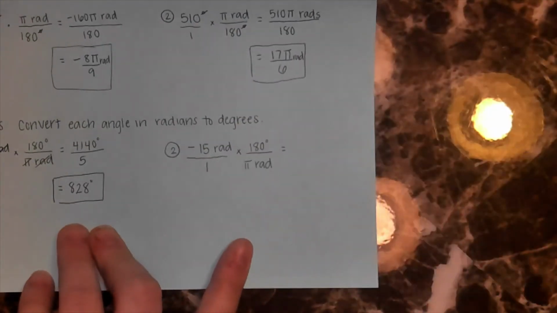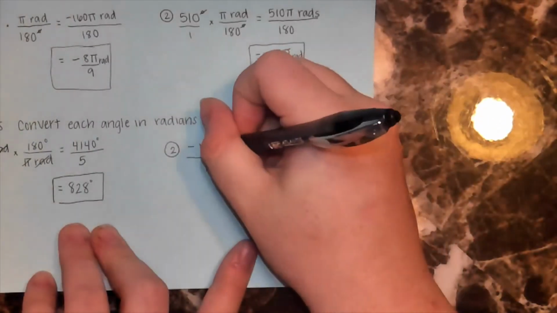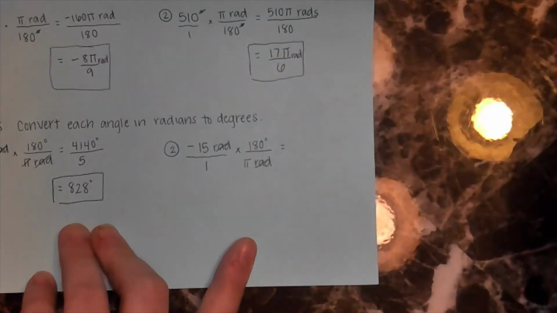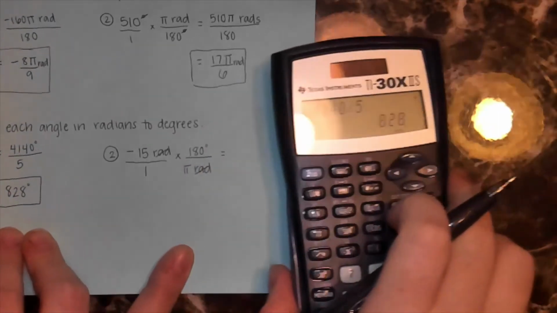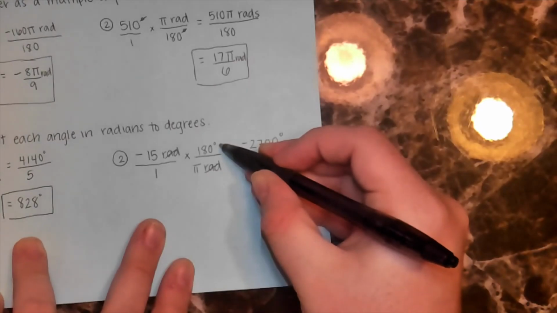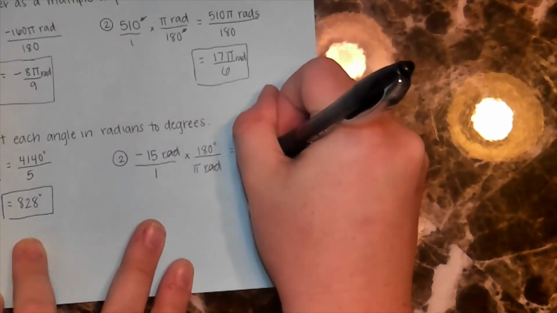Things that are the same top and bottom, we do have radians top and bottom, that will cancel, but that's it. So when we multiply straight across, we do negative 15 times 180, and we get negative 2,700, and that's in degrees. And then in the bottom, we have 1 times pi, which is just pi.